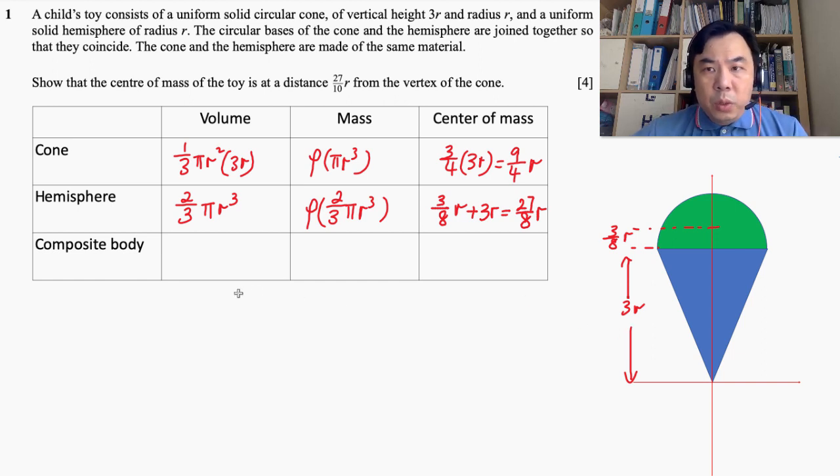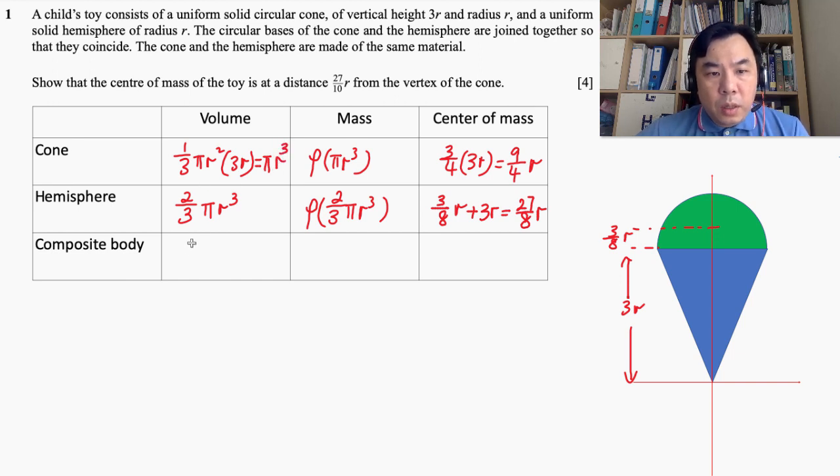And then all we need to do is complete the composite body section here. All right, now we know that the volume, now in this case, let me rewrite this again. This volume is pi r cubed.